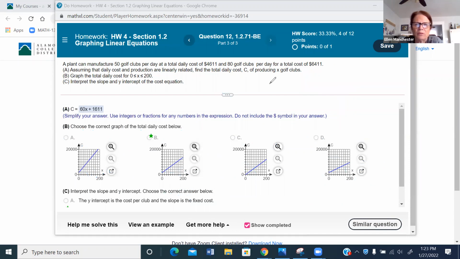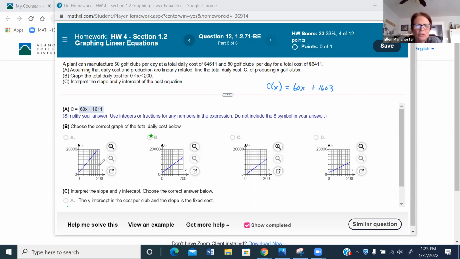Oh, it changed the numbers on me. Dang it. That's the problem with doing this live. So 60x plus 1603 was our equation.